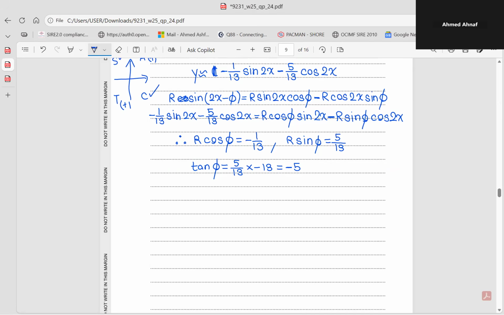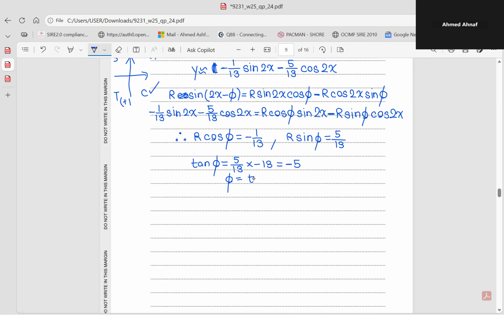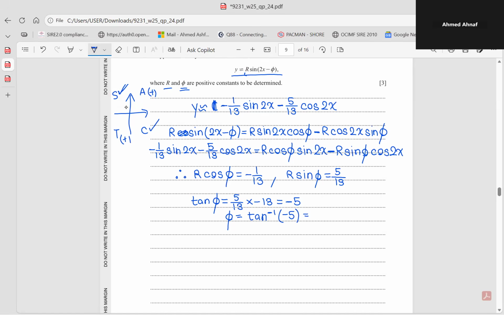So phi is going to be tangent inverse of negative 5. To find phi here, it's just going to be pi minus tangent inverse 5, which is 1.772 to 3 significant figures.